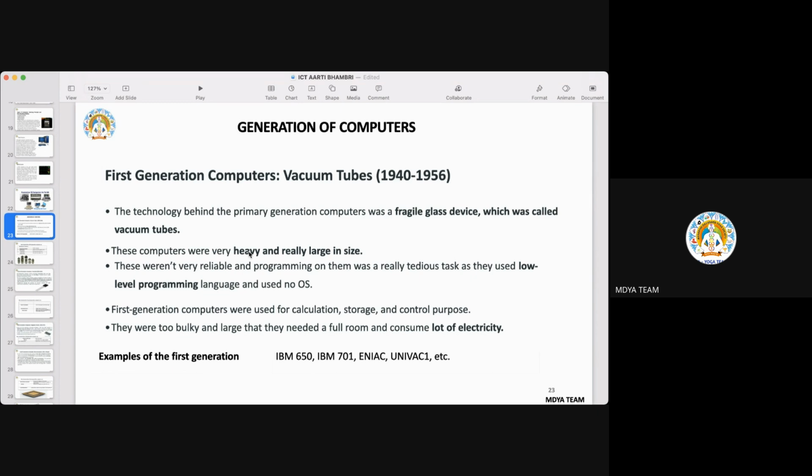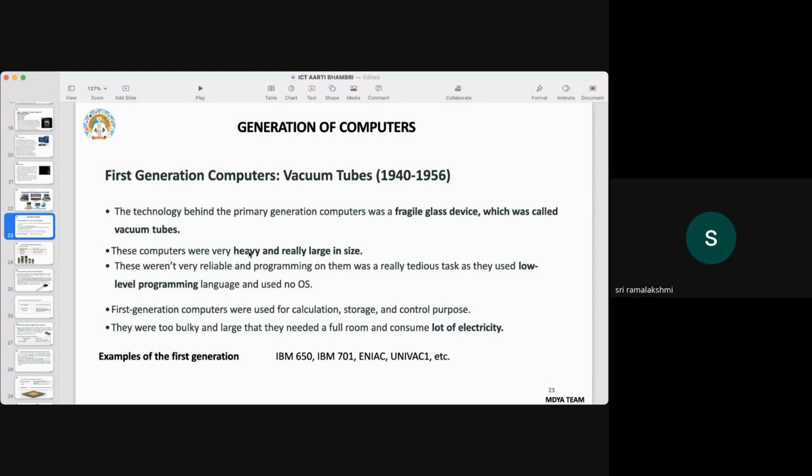We have the table, so you can have all the things on one screen. First generation computers used vacuum tubes. Earlier also, in bulbs there is a vacuum, and they have a filament inside, so they ignite.